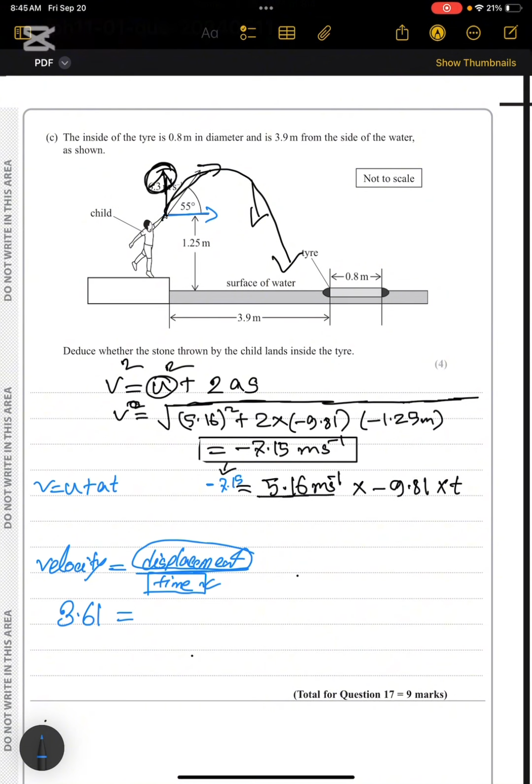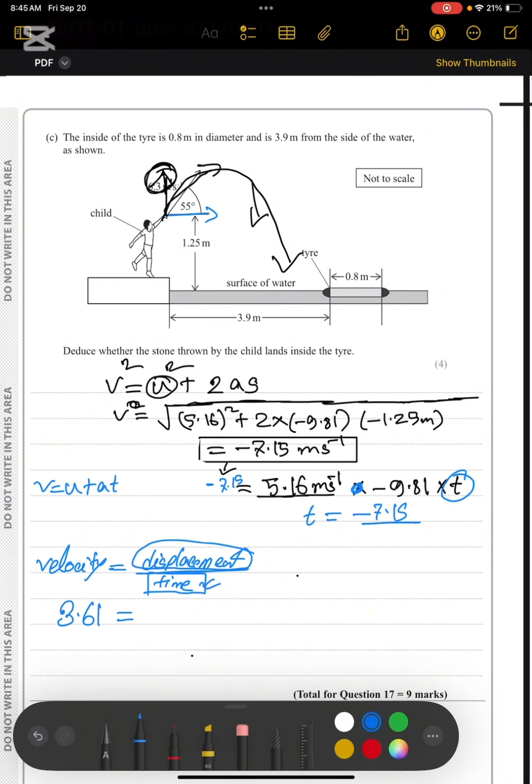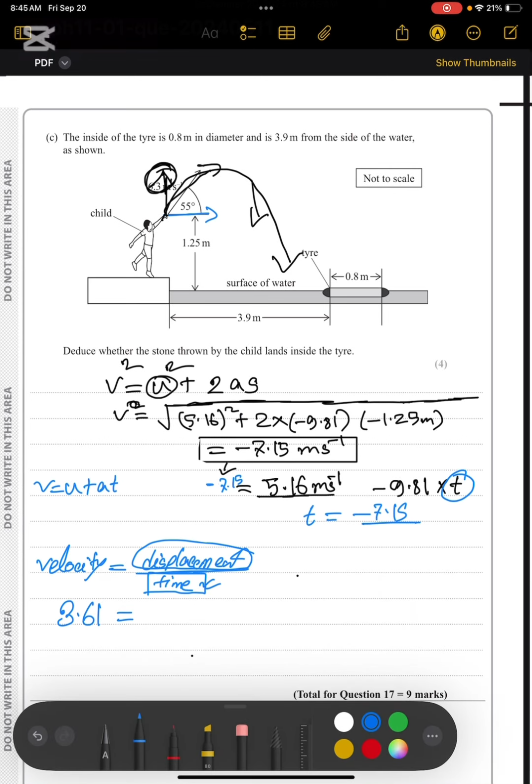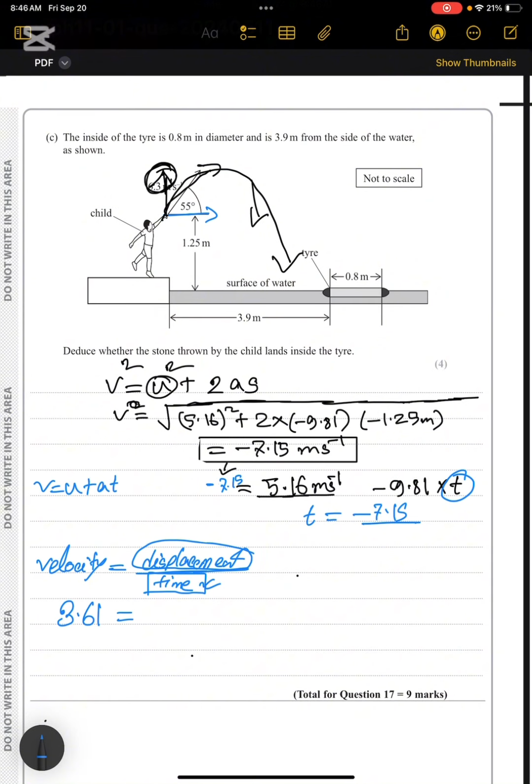Now we can find the time, which will be minus 7.15 divided by the acceleration, and the time will be 1.25 seconds.